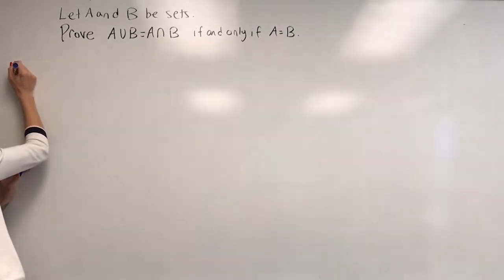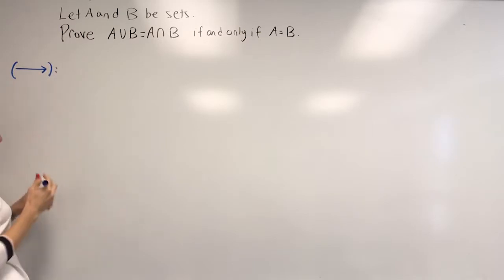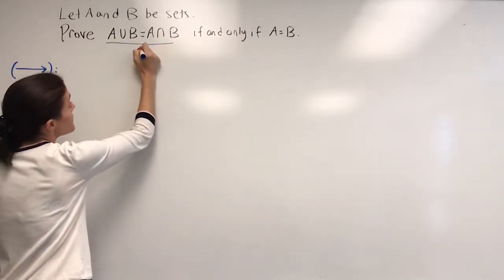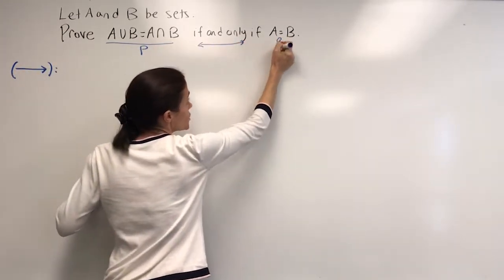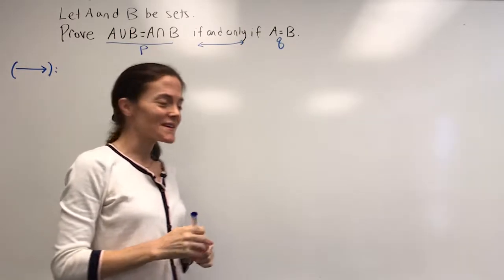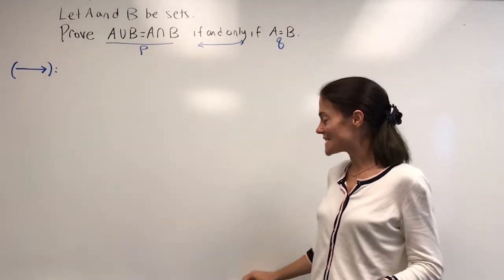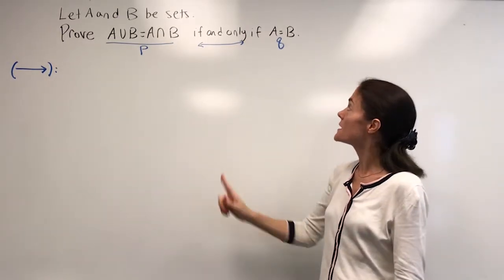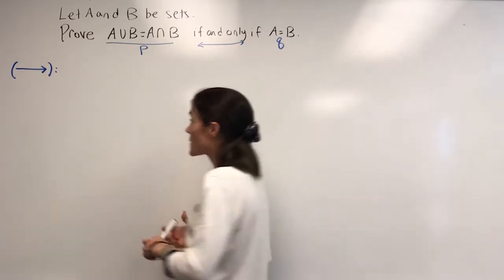So first of all, let's prove this direction. Now, we have P if and only if Q. And just for the sake of practicing different things, as I mentioned, I'm going to prove this direction, which would be P implies Q, as a contrapositive. So here we go.